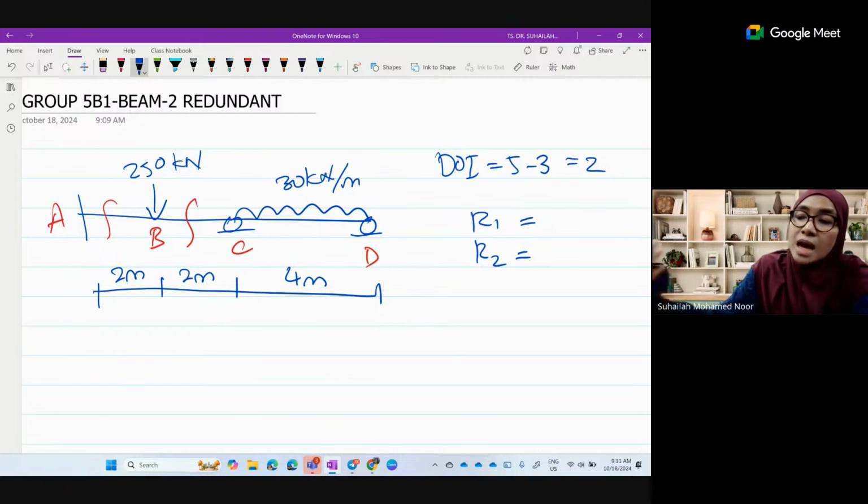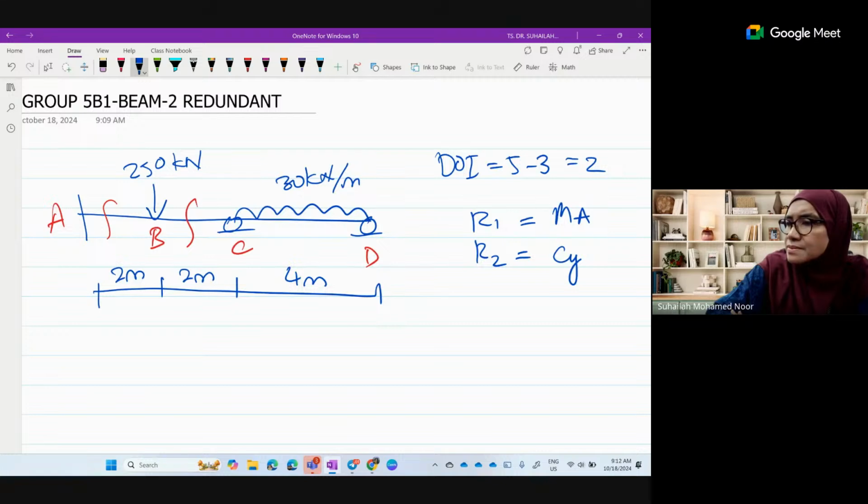Boleh je you nak ambil cantilever also can sebab kita ada 3 option. Okay, R1 kita nak remove one from fixed. So it become pin support. So we remove MA. So redundant number 1 is MA. Redundant number 2 boleh je CY or DY pun boleh. Okay, katalah kita nak CY as the redundant.